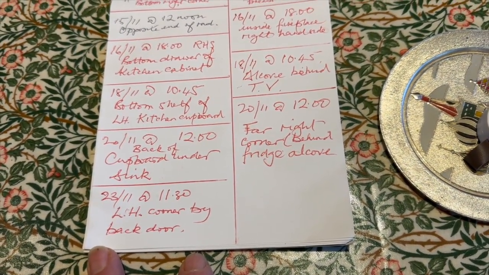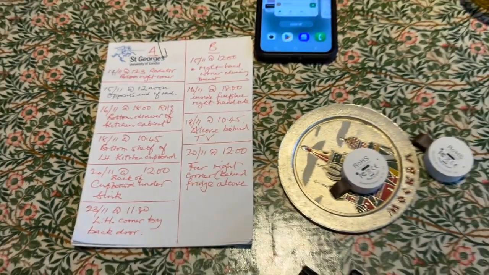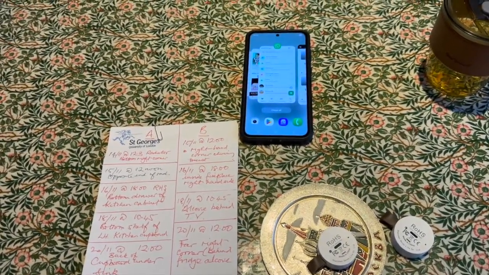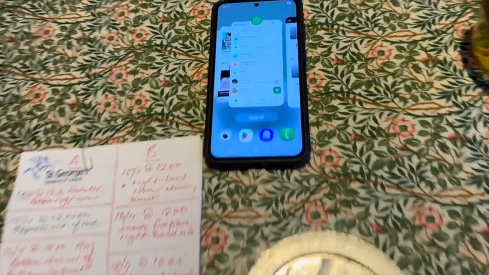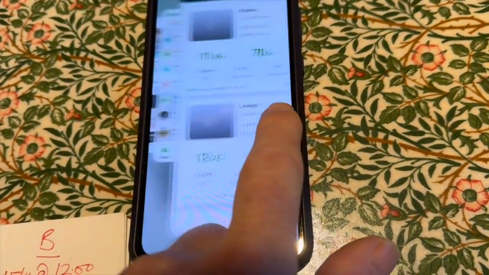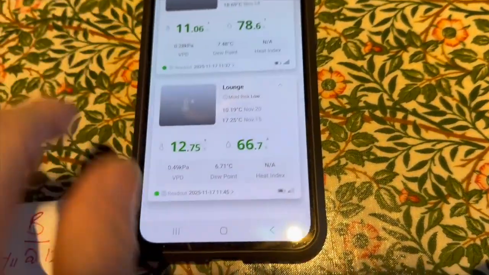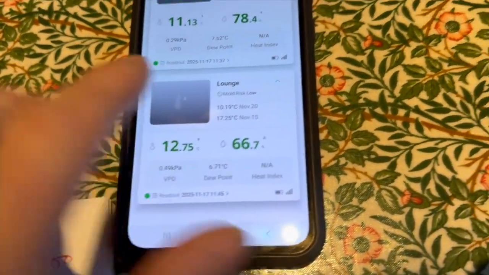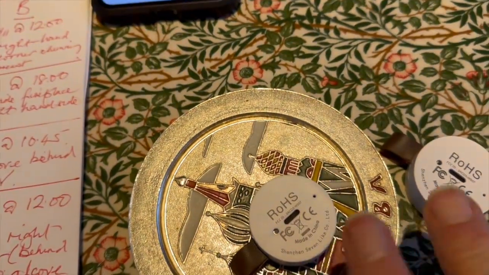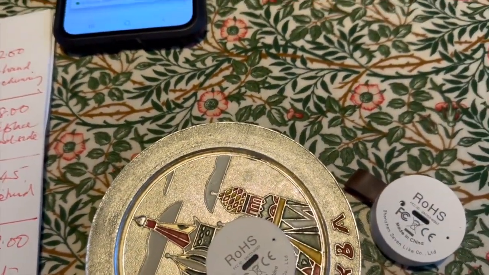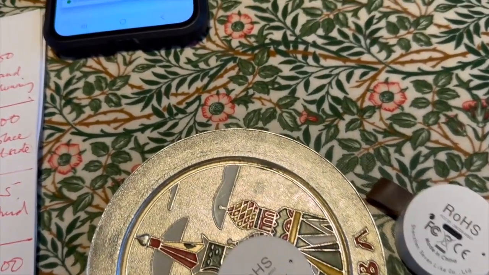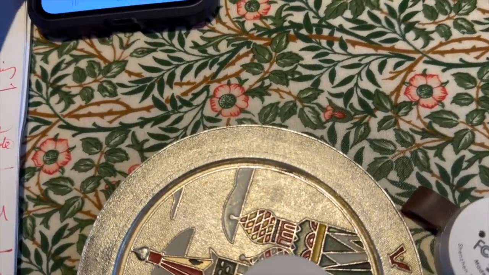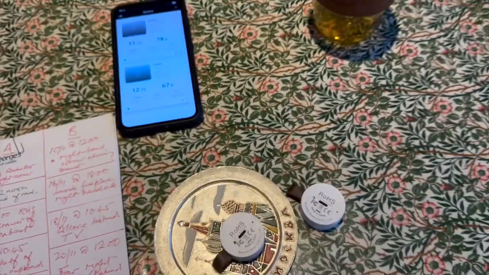largely in a room, you are going to get very, very similar dew points. Dew point is a measure of the amount of vapour in air. And if you look on here, it says the dew point. What we're going to do now is just leave it for about half an hour to come to an equilibrium, so they should be very similar, and the dew point should be very similar within a room.